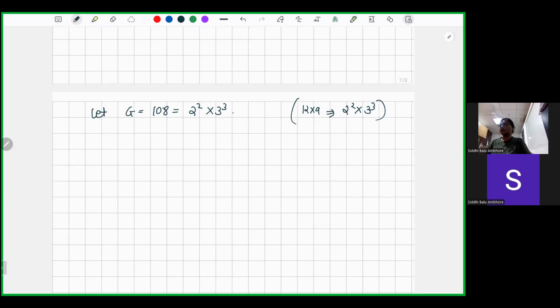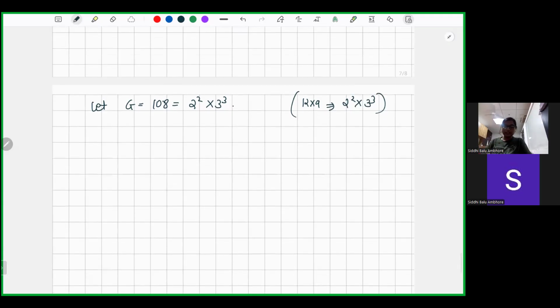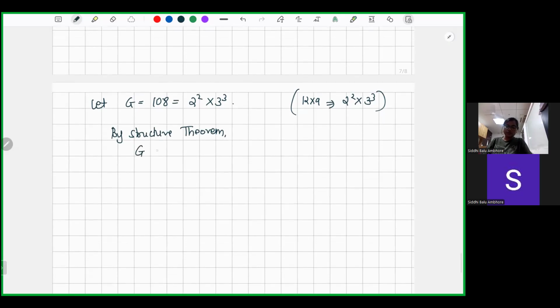And by the structure theorem, what I have is that this G will be isomorphic to G1 cross G2, and so on, where this is my P1 and this is my P2.